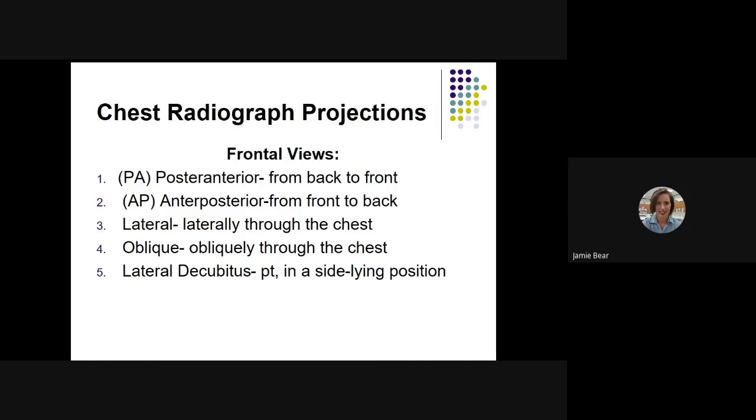AP then is from front to back. So this view is not the standard view, and it's not as common. However, this is the most common for patients that are non-mobile, they're immobile.